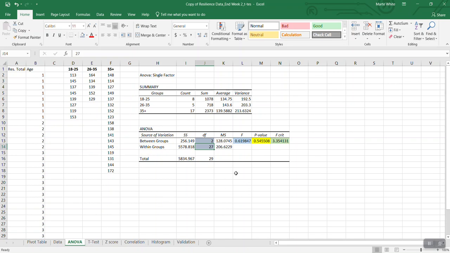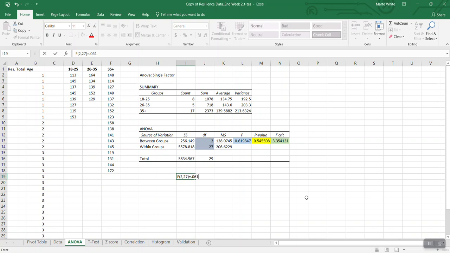So now you write this up in your paper. You write F, you have parentheses, you have the degrees of freedom between groups, comma, within groups of 27, equals, then you have the F score, 0.061.